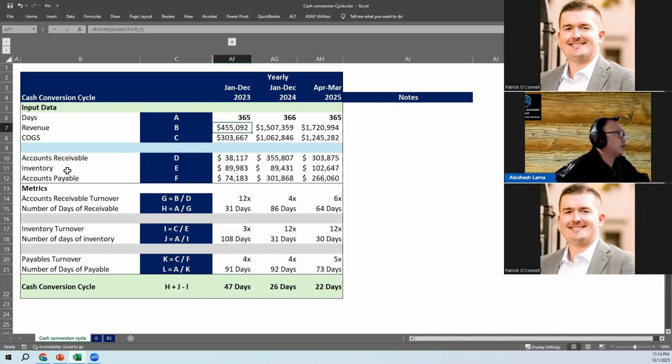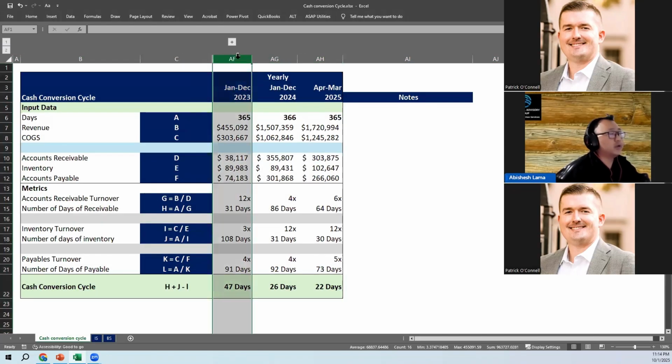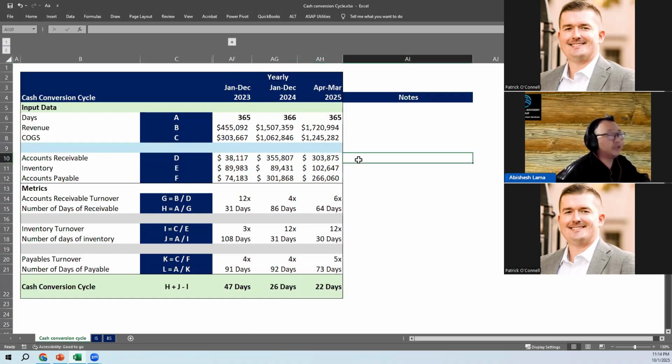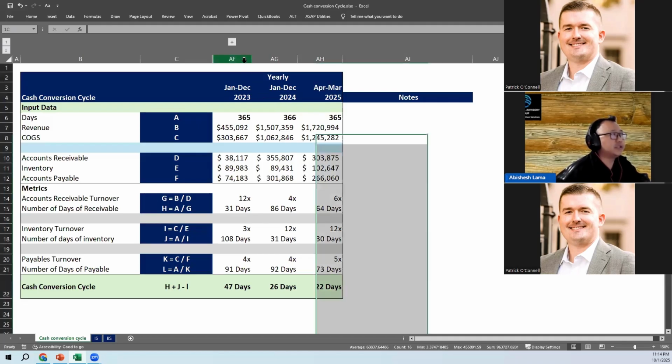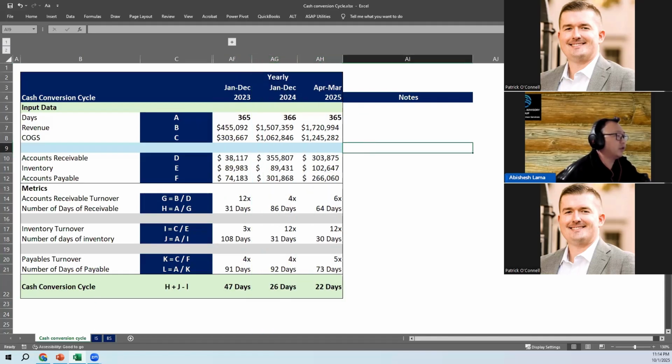So over here, we have a basic template to compute the cash conversion cycle. Here, we'll be computing it for 2023, 24, and 25. Basically, we would be taking balance sheet data as at December 23, December 24, and March 25.